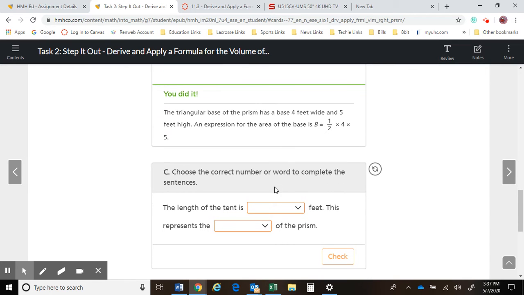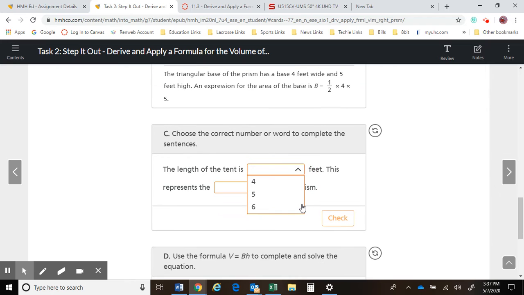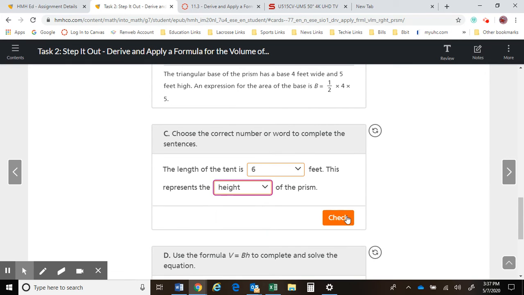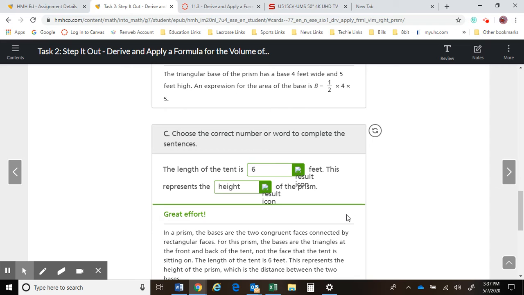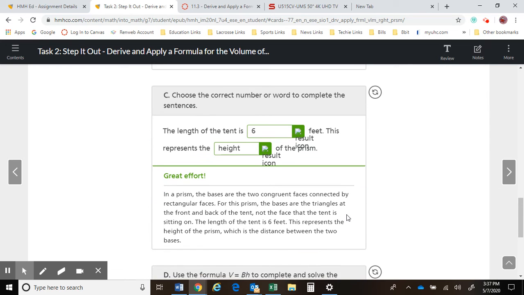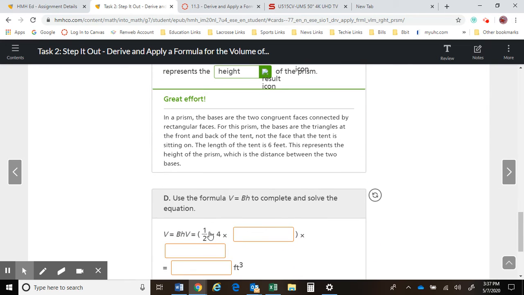Right? All right, and then choose the correct number of words to complete the sentence. The length of the tent is 6 feet. This represents the height of the prism, of course, because they're 6 feet apart. So 1/2, 4 times 5 times 6.